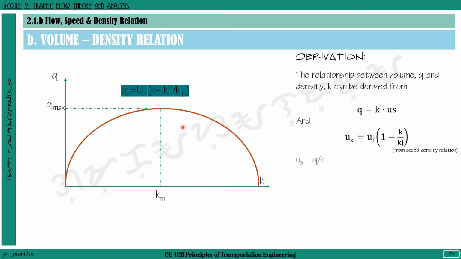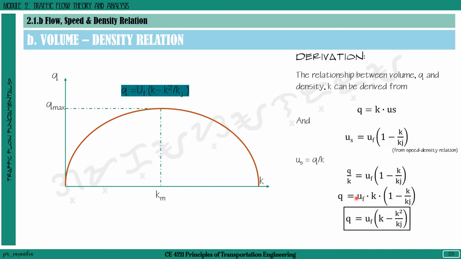So substituting now, U sub S equal to Q over K to our speed density relation, we now get this equation. So expanding this, will now be arriving at our volume density equation.